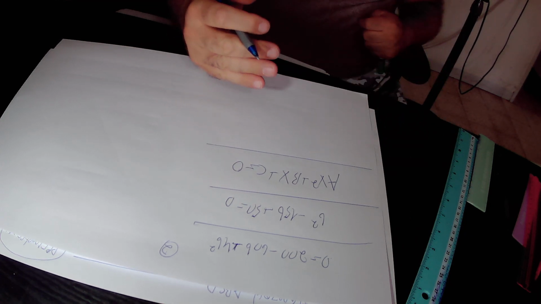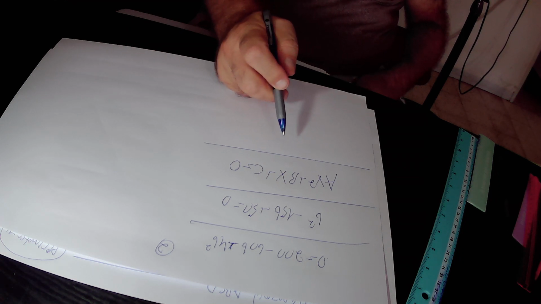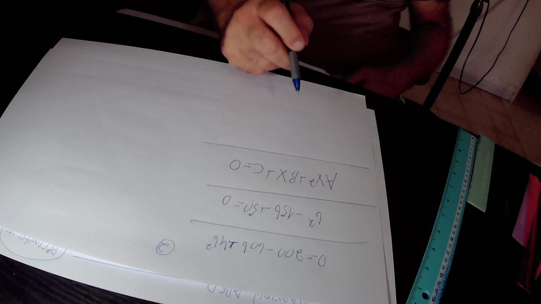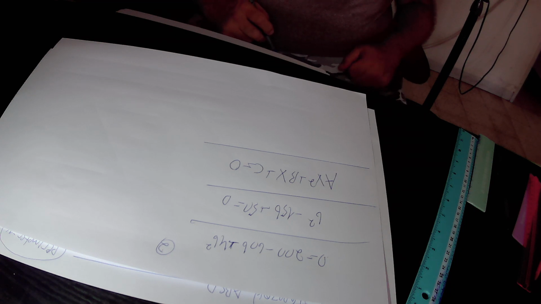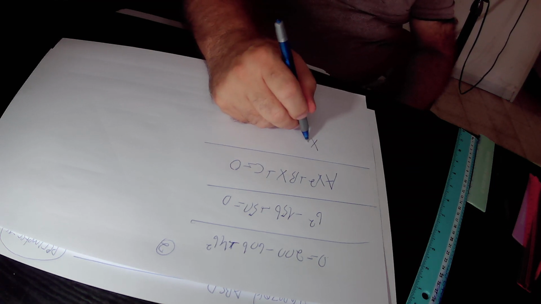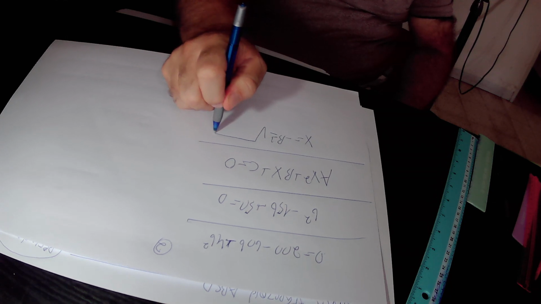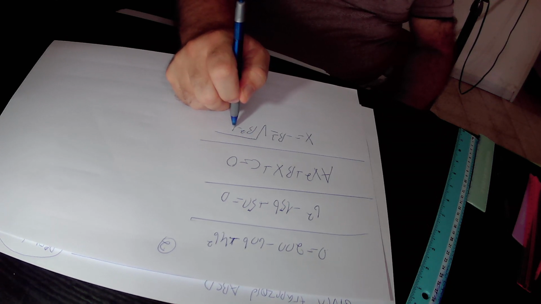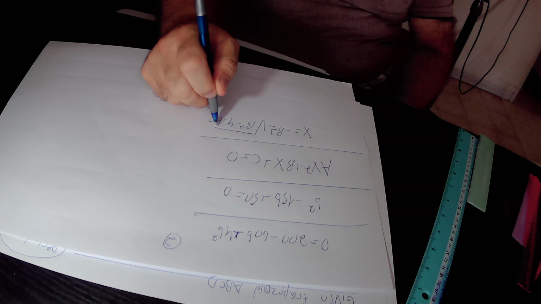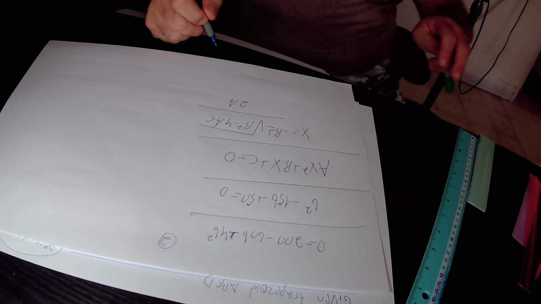In this general formula, a, b, and c are the coefficients of the quadratic equation, and x is the variable that we are looking for. And we will find out the value of x according to the following formula. X equals minus b plus minus square root of b squared minus 4ac, over 2a. Okay.